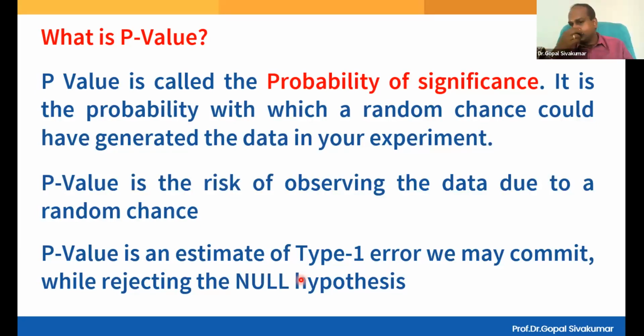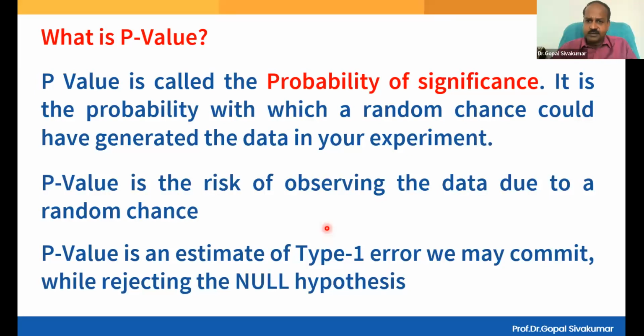If the p-value is known, you understand the estimated type 1 error. If the estimated type 1 error is less than 5%, then the estimated confidence level is more than 95%. Am I correct? If the error is less than 5%, the confidence level in accepting the null is 95%. Right?